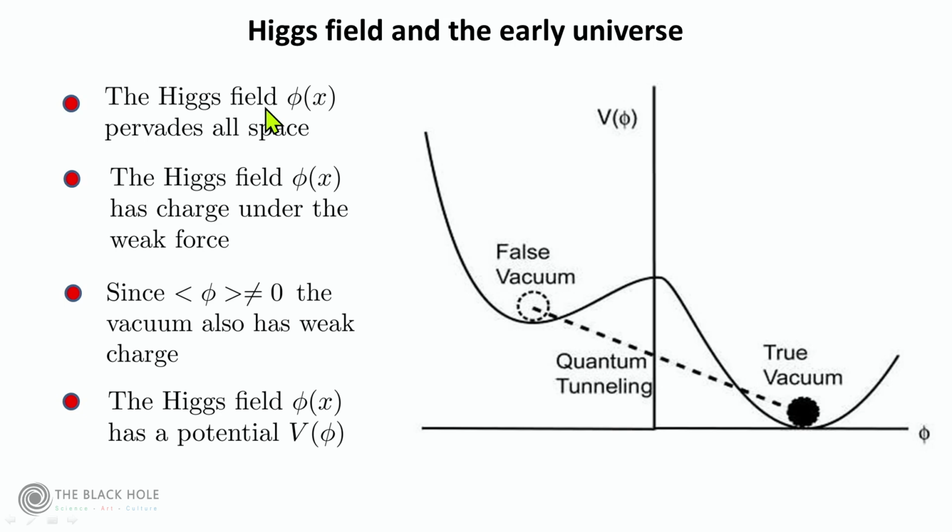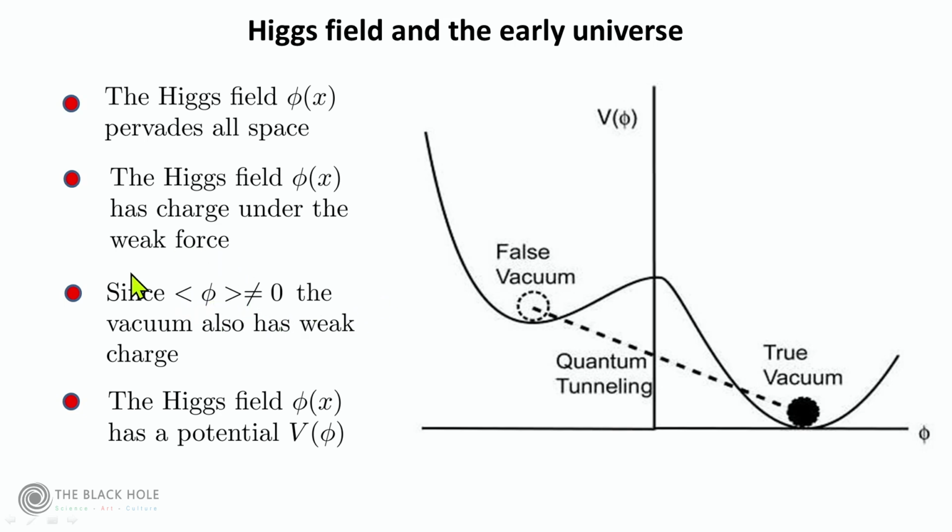This is the thing that gives masses to all the particles, the electron, the quarks, the W, the Z. All the masses come from interaction with the Higgs field.